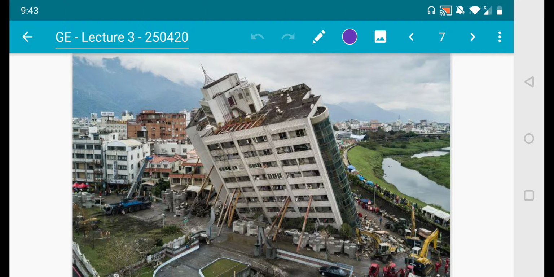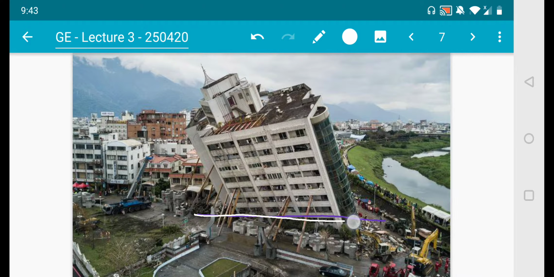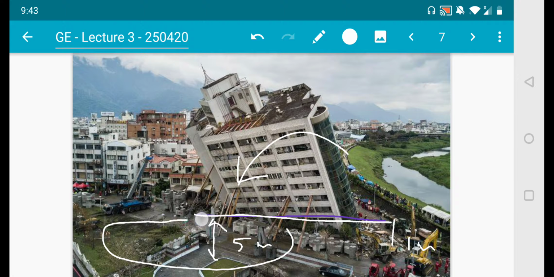First of all, you know that this is differential settlement, whereby if you draw a simple presentation of settlement analysis, you're likely to have a bigger settlement, let's say 5 meters here, and at the back only 1 meter. That is the first observation. So this is a non-uniform settlement, and the building is toppled this way, so likely the soil in this area is soft soil. This is how you interpret from this picture.